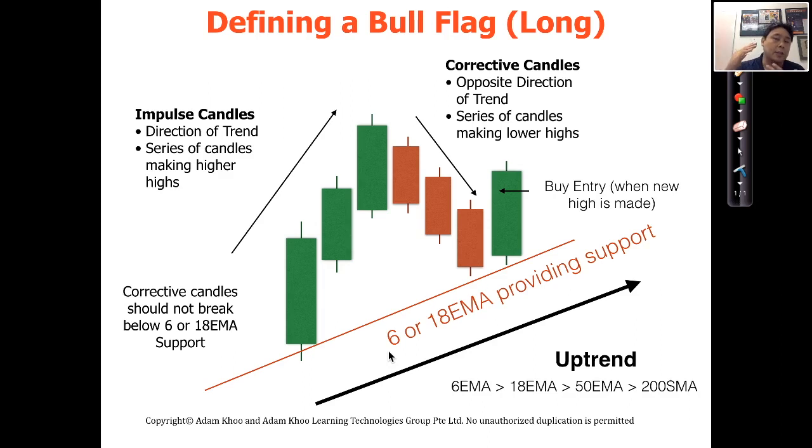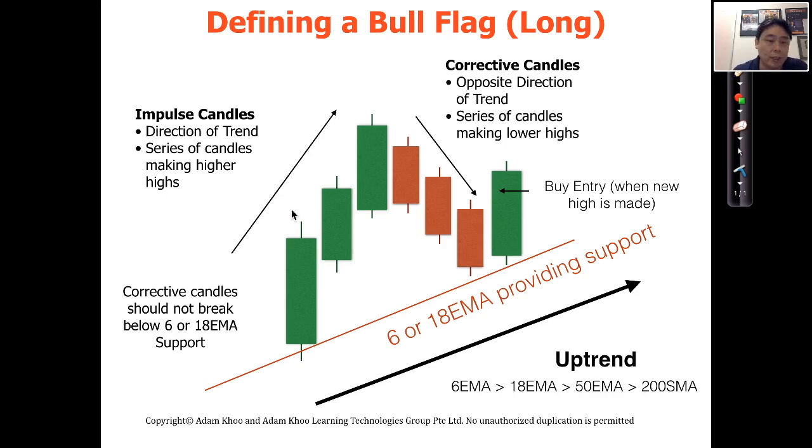If it's surfing the 18 moving average, wait for the candles to correct to the 18 moving average, make a new high, and re-enter. So you have to see which one it's surfing, the 6 or the 18 moving average.